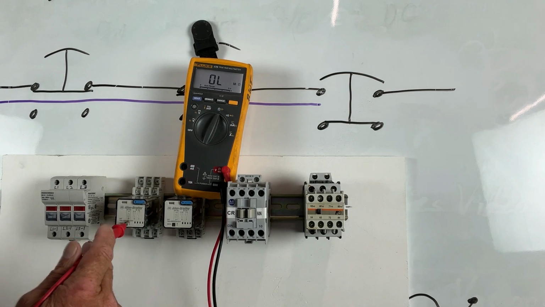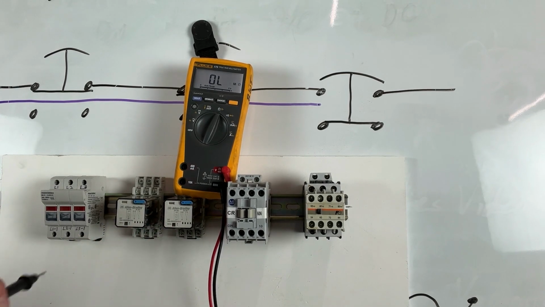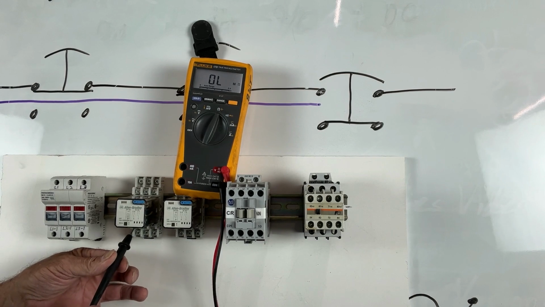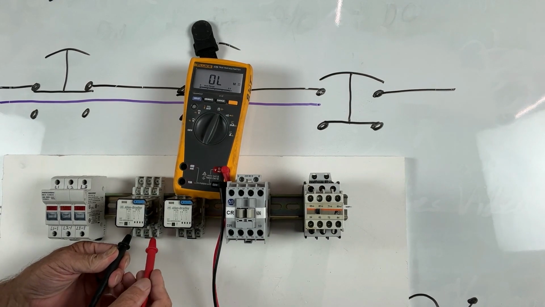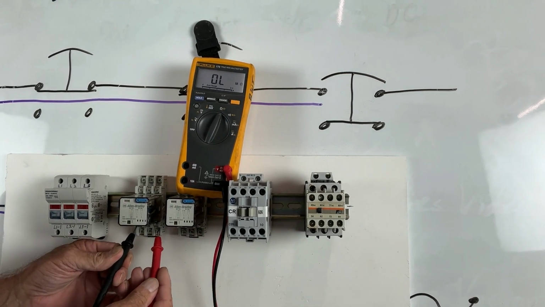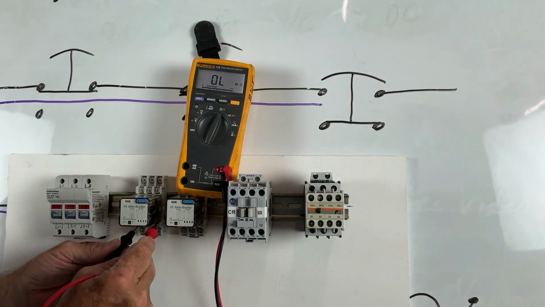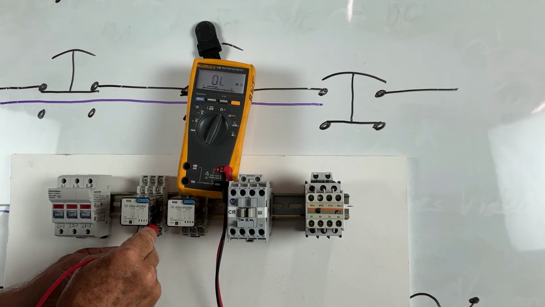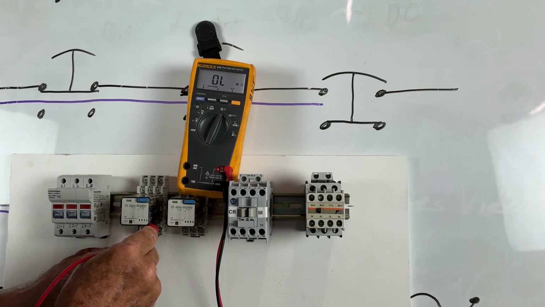Now this is another set of relays right here, and I've got two of them that are alike. So if we check this one, okay, see how that's fluctuating right there?